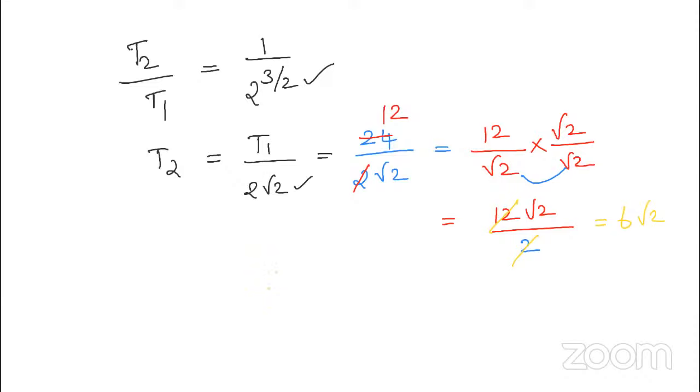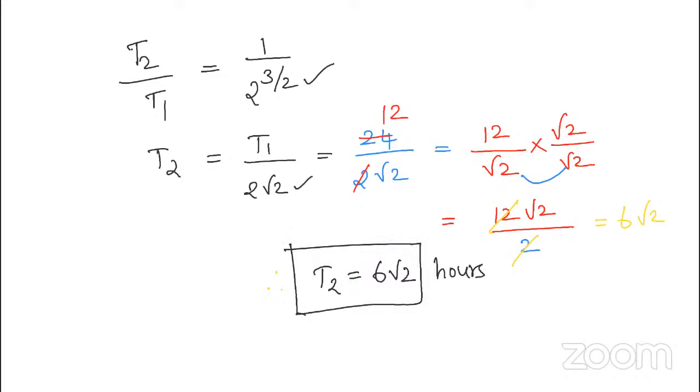Therefore, the value T2 is equal to 6 into root 2 hours. This is option C.